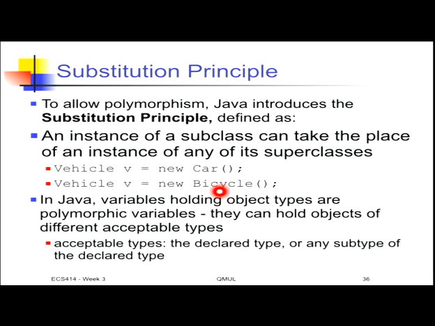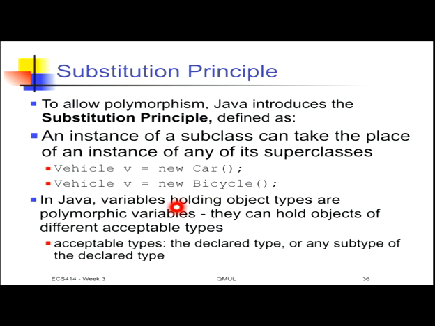Okay? So this is very important. You see, what happened here is that we are making a distinction between the type of an object and what actually this object is. So V has type vehicle, but actually V doesn't refer to a vehicle, it refers to a bicycle.